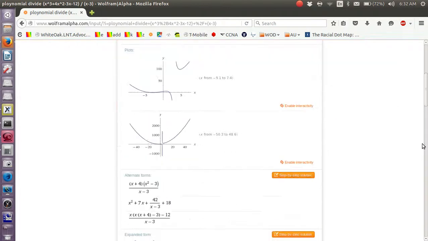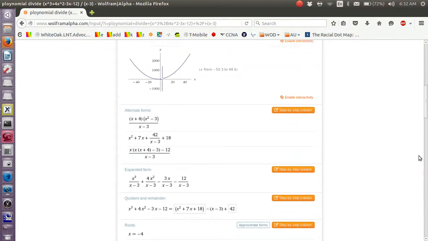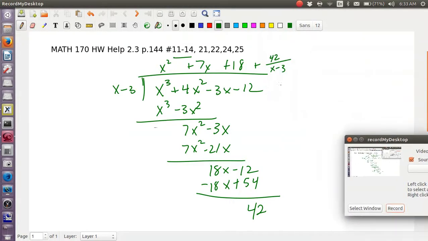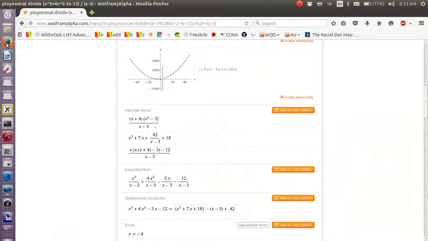Okay, well, there we go. That's what I wanted. x squared plus 7x plus 18. And then it says plus 42 over x minus 3. There we go. That's right.